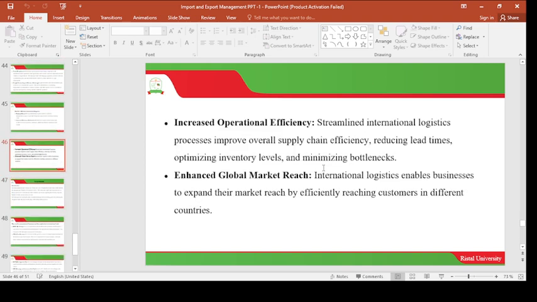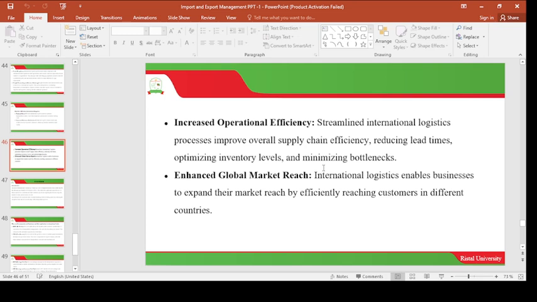Another point is increased operational efficiency. Streamlined international logistics processes improve overall supply chain efficiency, reducing lead times, optimizing inventory levels, and minimizing bottlenecks. In organizations, because goods are moved effectively, goods will be available in the organization's warehouses and stores.